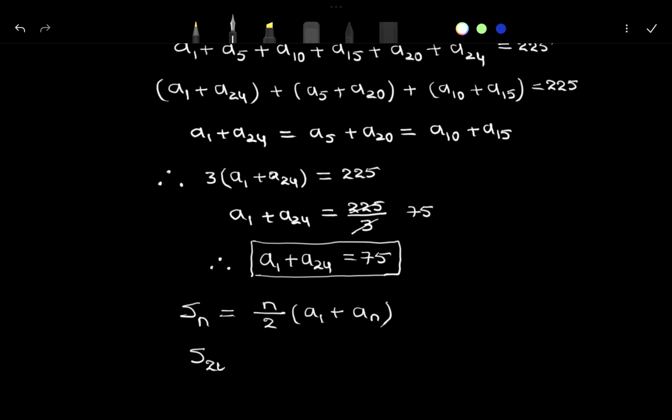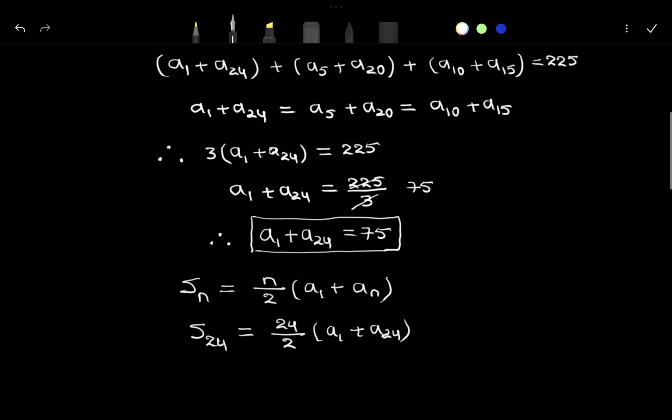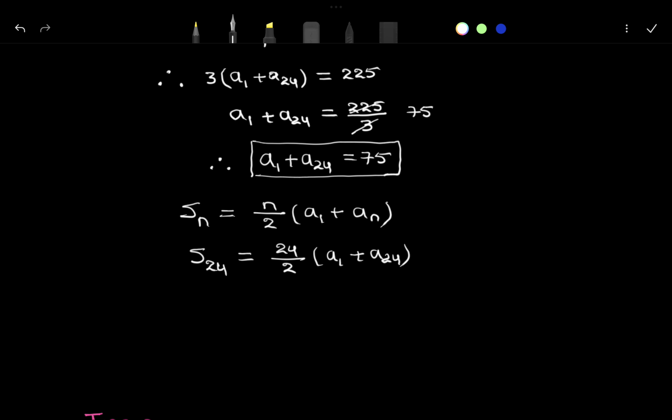So S24 is equal to 24 by 2 into a1 plus a24. This will be 12 into (a1 plus a24), which is 12 into 75.